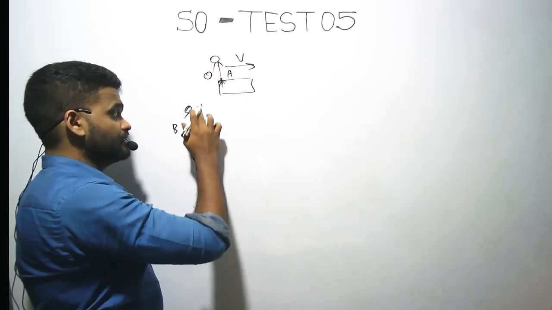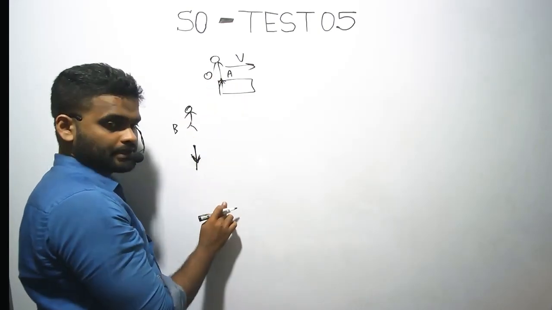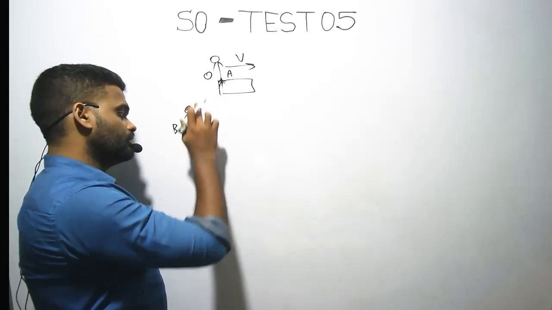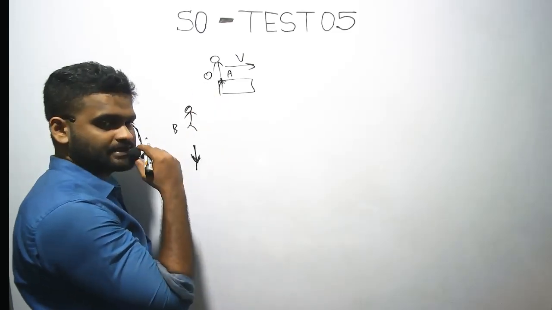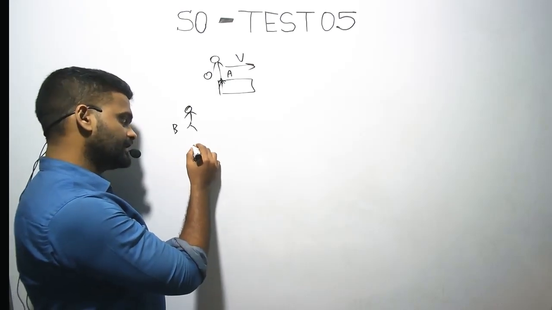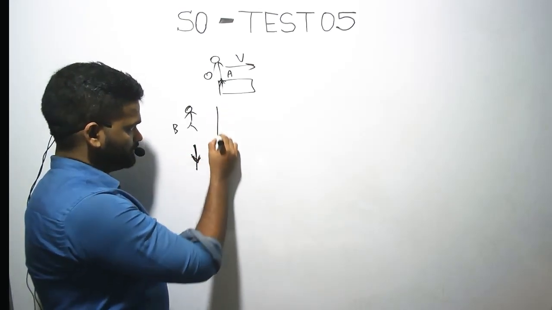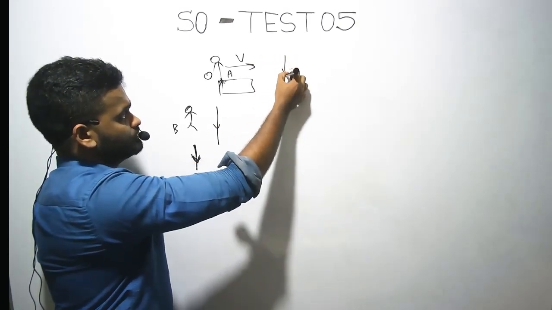Neither A nor B moves vertically. So what they perceive of the ball vertically will be the same. In the vertical direction, both of them would see the ball just drops.